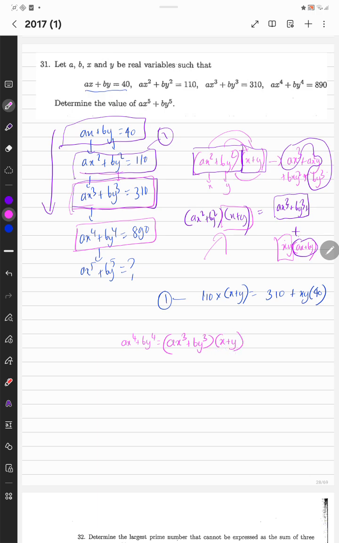If we do so, we will end up with ax⁴ + by⁴ as usual. In addition to that, we are going to get a term like this, the one with bxy, so we have to subtract it from there to get it.